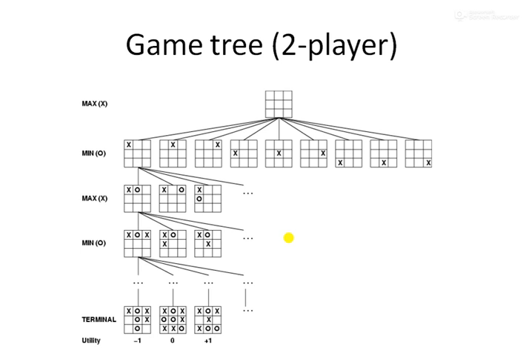Then 8 pawn moves with 1 step, then another 8 moves with 2 steps, then 4 knight moves for 2 knights, right? So overall a total of 20 moves are possible in the first level itself. Then the second level also it will be higher.